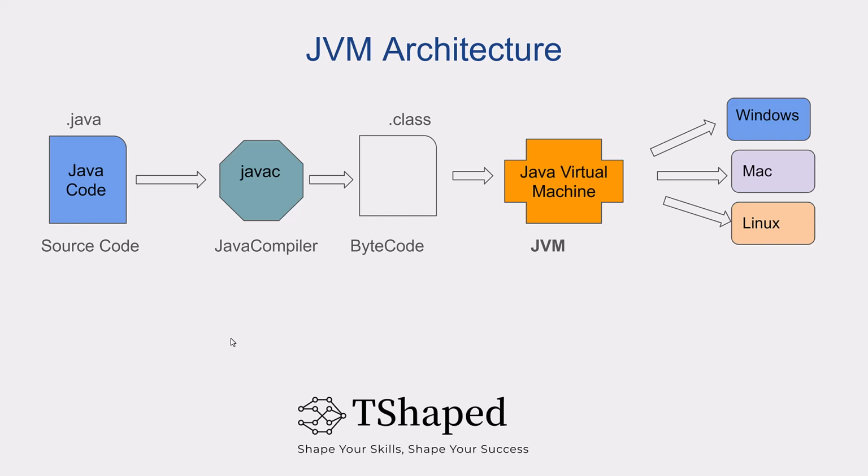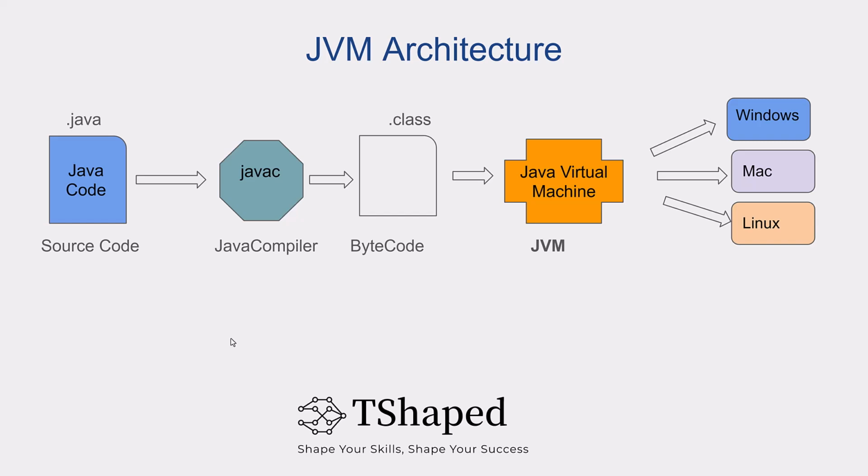As you all know, machine level is always platform dependent. So Java code is compiled to bytecode, which is platform independent. That code can be executed on any platform, and the JVM is the one who will convert that bytecode into a machine-understandable format, or you can say machine-level language.